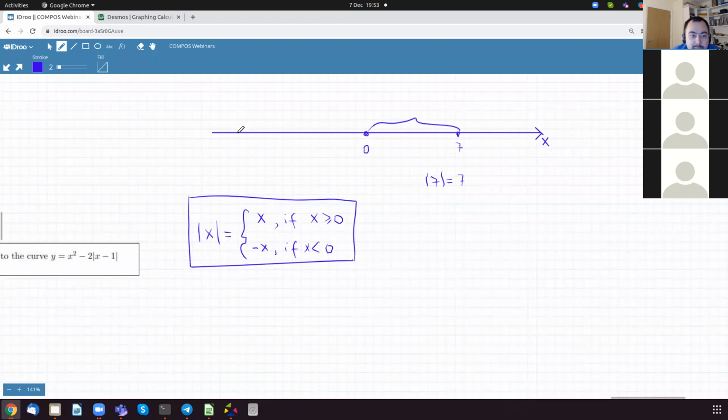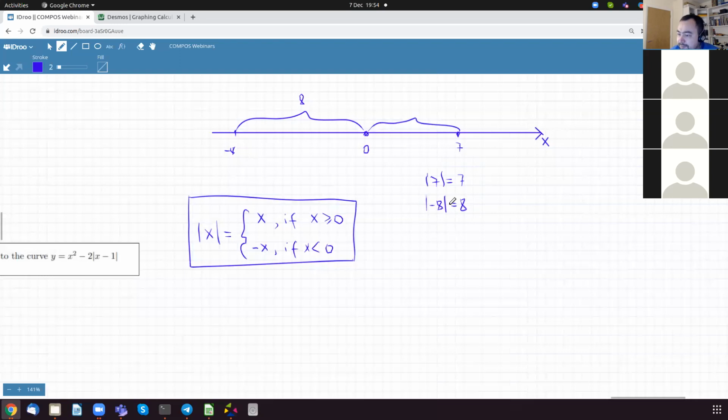If you take minus 8, the modulus of minus 8 is 8, because the distance is still 8. So basically what the modulus does: if the number is positive, it stays as it is. If it's negative, it changes to the opposite.